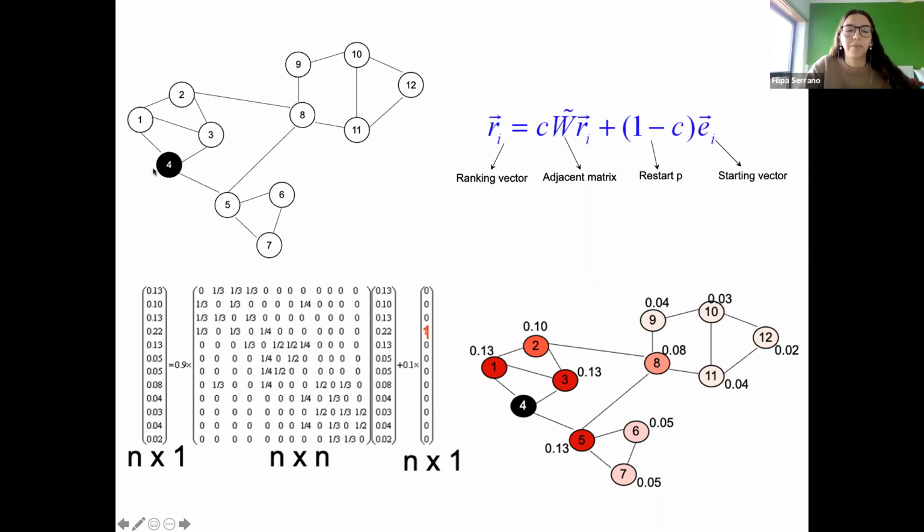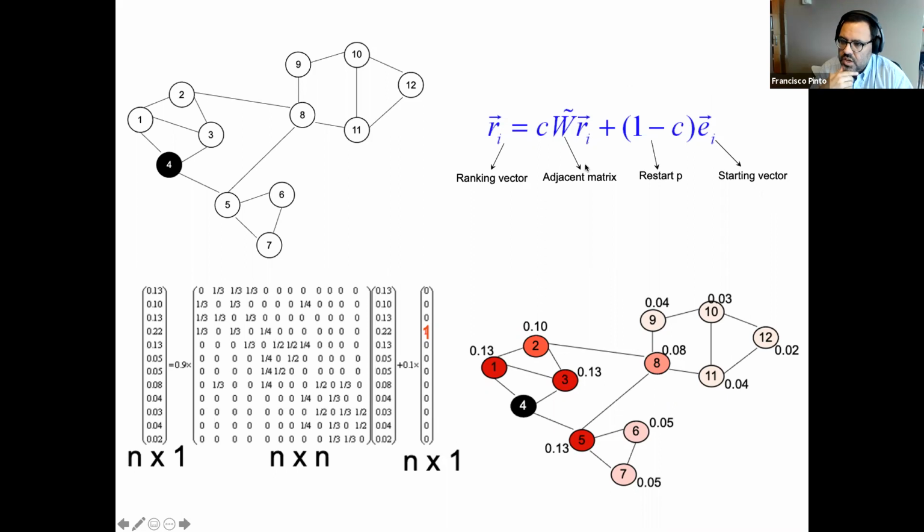Okay. So when I was presenting that way, I said that the restart probability was 0.5. So C was 0.5, 1 minus C is 0.5. So with the 50% probability, the next step, you will have the distribution of the starting vector.